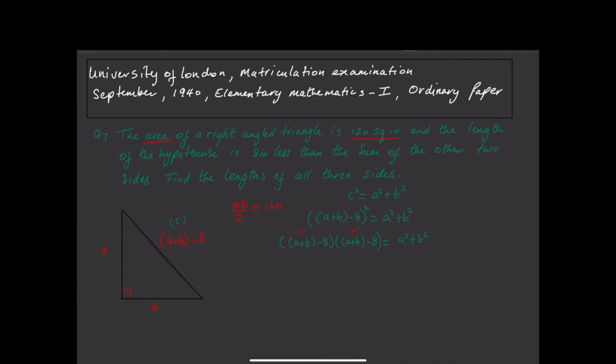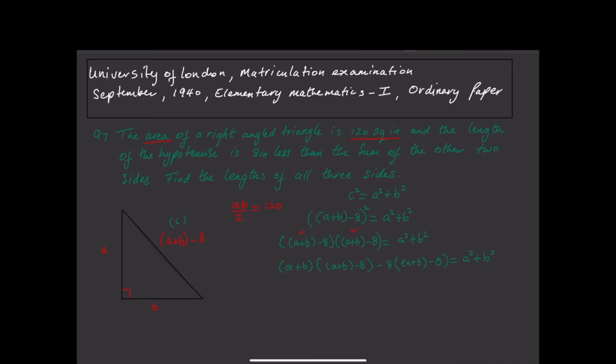So I'm going to do A plus B in brackets, and I'm going to multiply bracket A plus B minus 8 close bracket minus 8 times bracket A plus B, let's make that a little bit bigger, minus 8 bracket equals to A squared plus B squared.